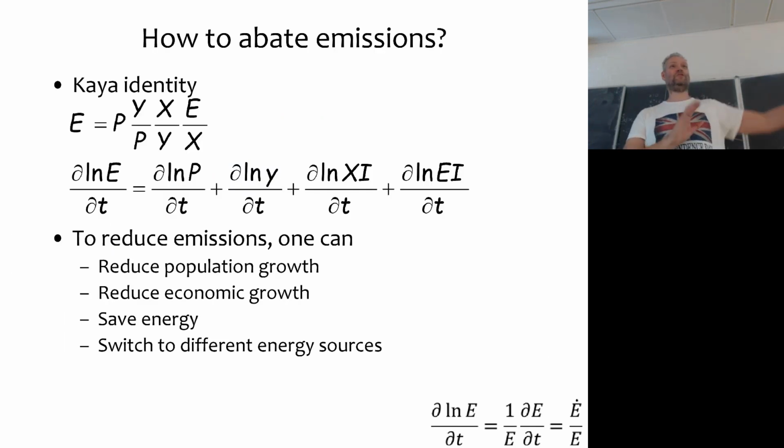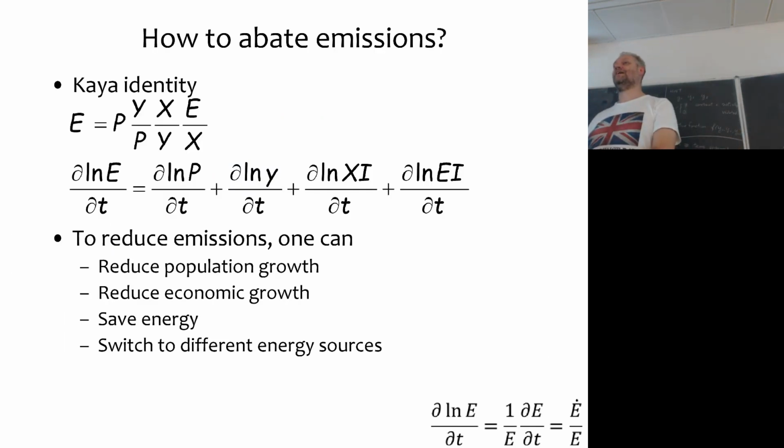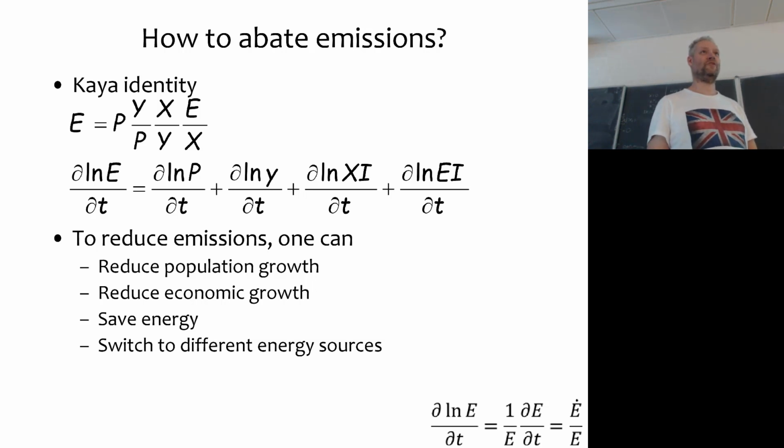If you don't want to touch population and you don't want to touch economic growth, then you have to improve energy intensity, or you have to improve carbon intensity. And not just that, but you have to increase your improvements in energy and carbon intensity so much that they overcome economic growth, right?